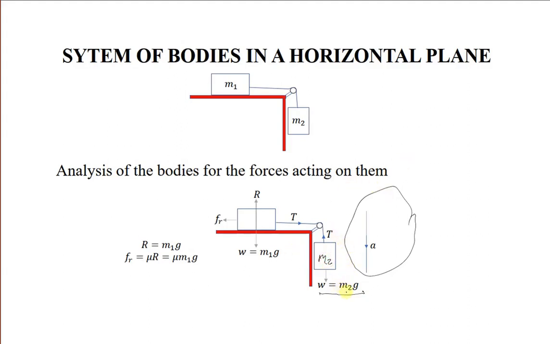So the weight of this body M2 is M2G. Now, tension is always directed towards a fixed point. If you consider the body of mass M2, the tension is fixed at the body of mass M1. That's where the tension is fixed. So, if you are considering the body of mass M2, the tension will be directed toward the body of mass M1.